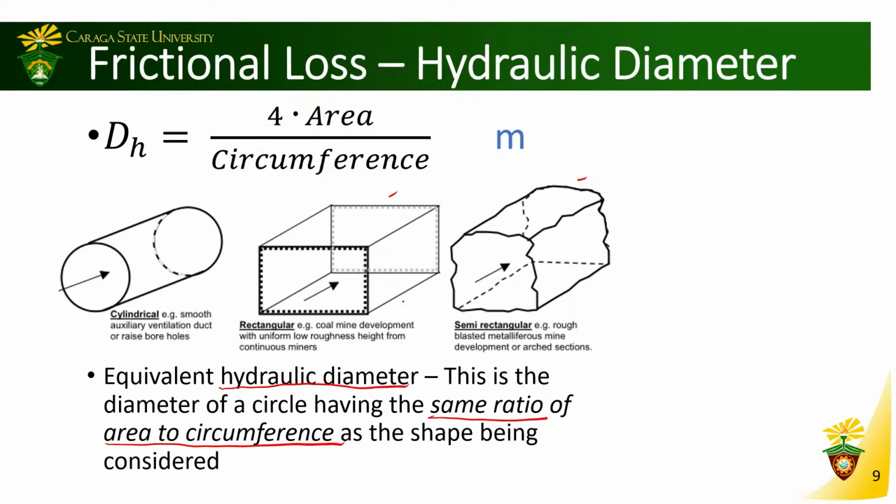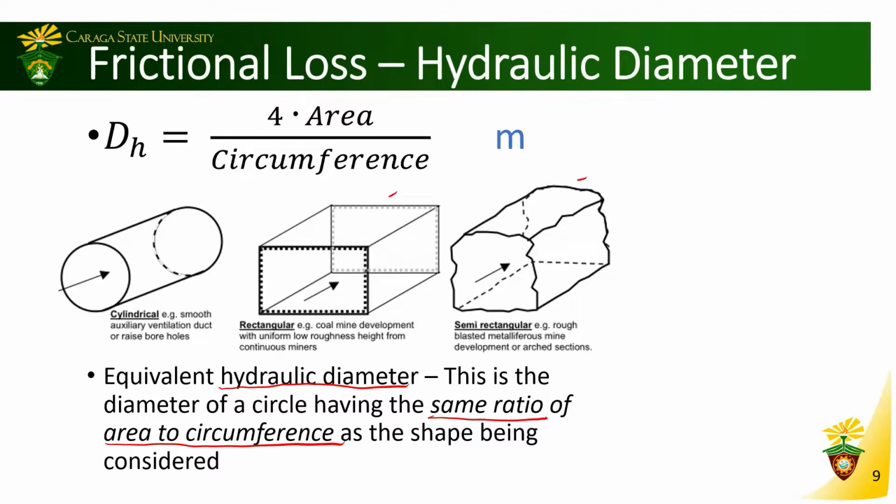Okay. So based on a circular cross section, that is a cylindrical duct, for example, or raised boreholes, we could determine the parameters that have the same ratio of area to circumference as that of a duct or airway with a circular cross section.